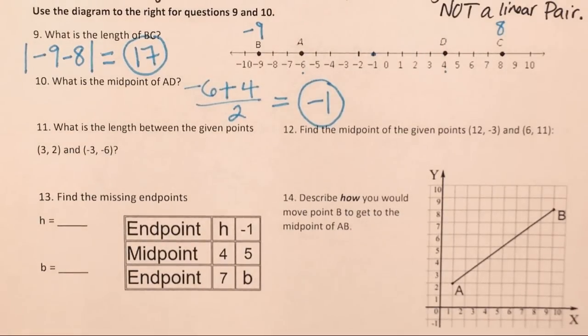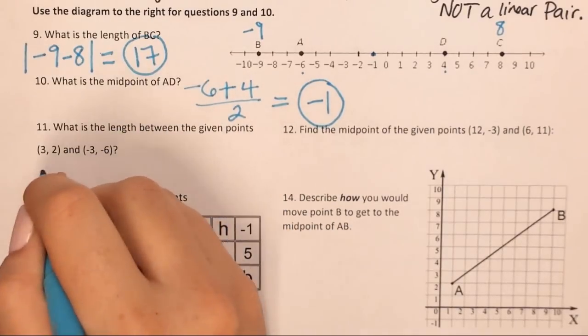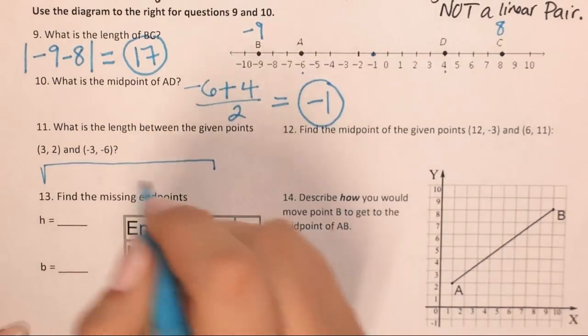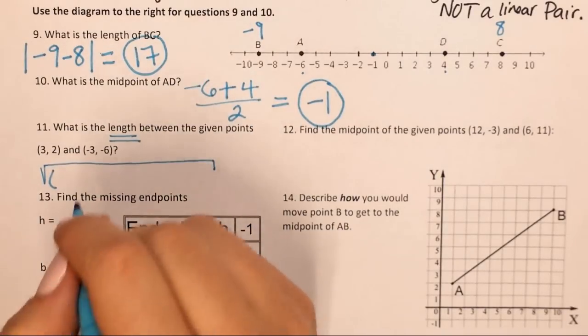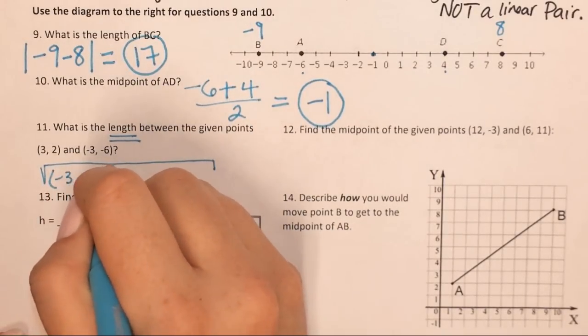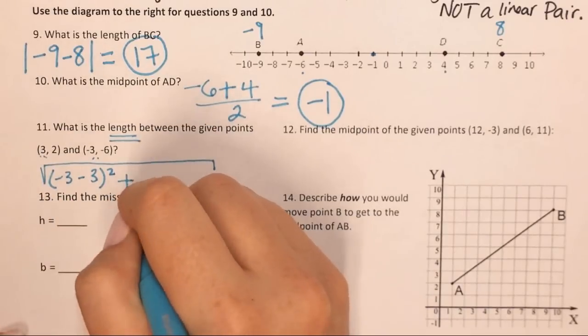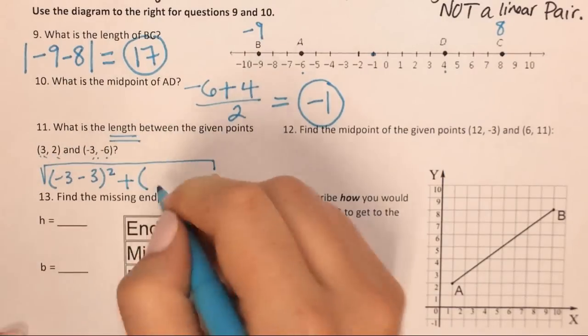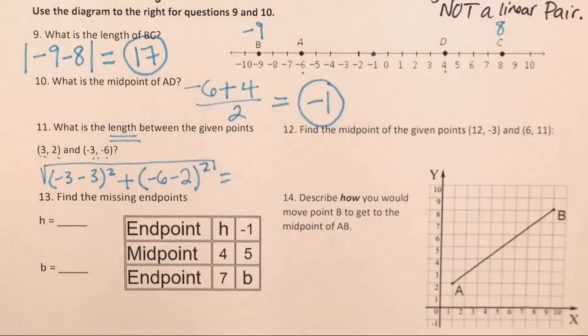All right, number 11. What is the length between the given points 3, 2 and -3, -6? Okay. Anytime you're finding length, that's where you can put in that distance formula. So this is going to say we subtract our x's and square it, and then we subtract our y's and square.